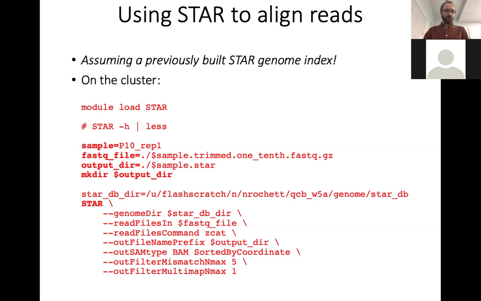So the most recent module on the cluster has been updated, and they've also removed the older module. So we're going to use a different thing. We can't use the modules because the star database is, as it said, not compatible.